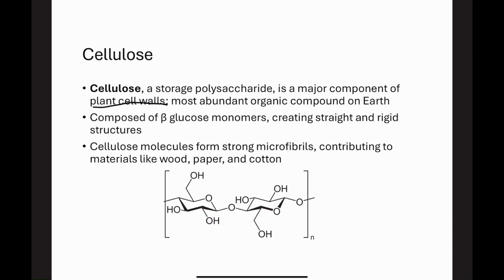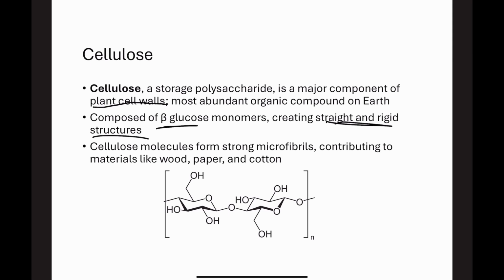And cellulose and starch are both polymers of glucose. But I did mention that starch is formed from alpha glucose monomers. Meanwhile, cellulose is composed of beta glucose molecules, and this composition is going to create straight and rigid structures.